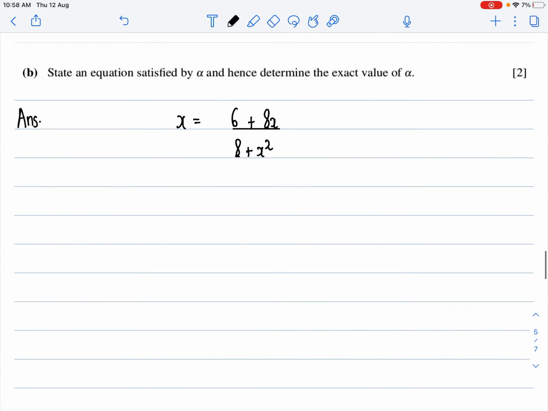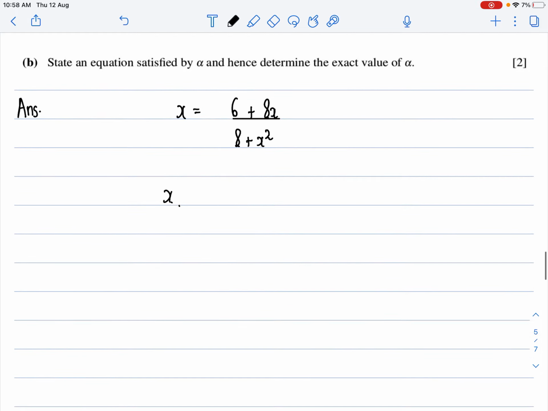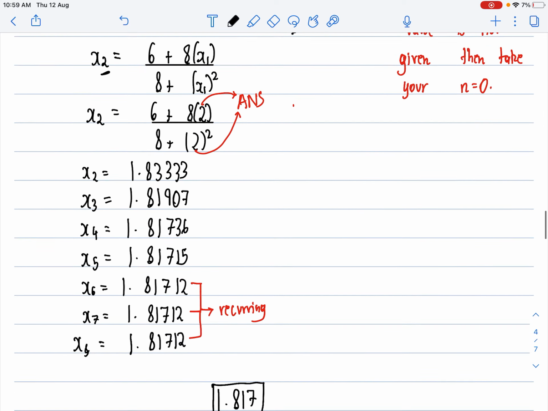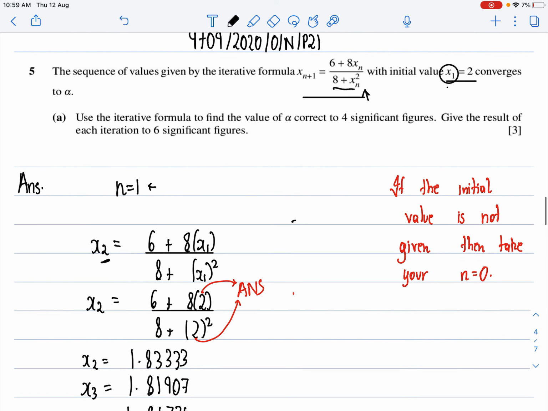Now you need to solve this and get a value of x, because x and alpha are the same here, correct? That's what we know because it converges to alpha.